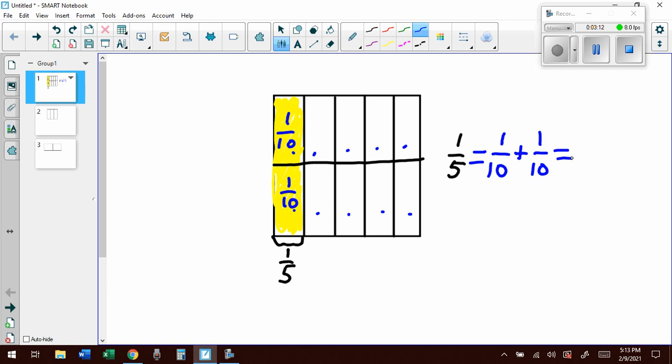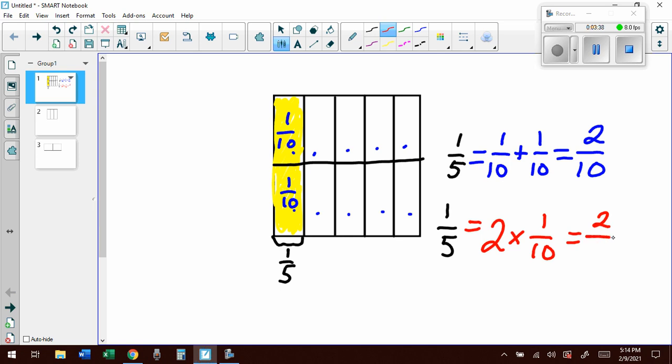And that would give us 2/10, saying that 1/5 and 2/10 are equal. Another way we can look at it is we can have 1/5, and that equals 1/10 2 times, and we will have 2/10. Not too bad.